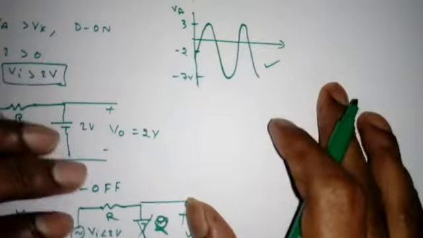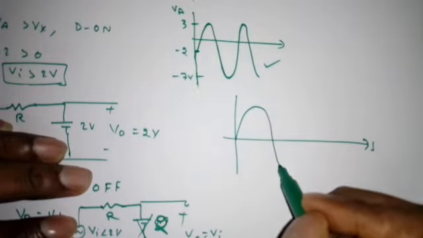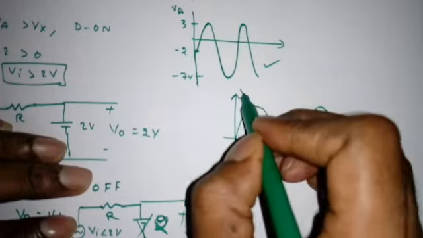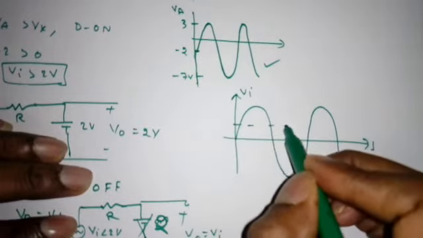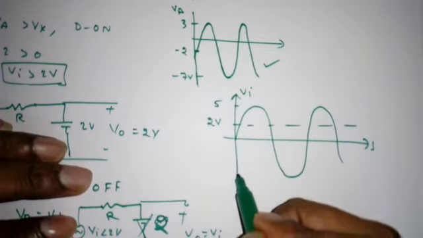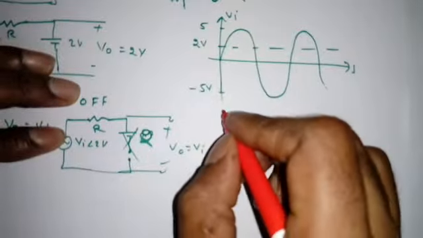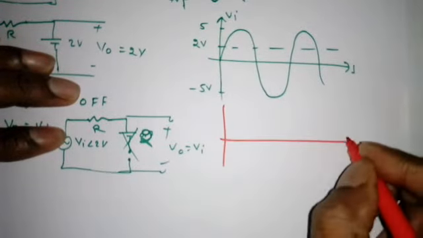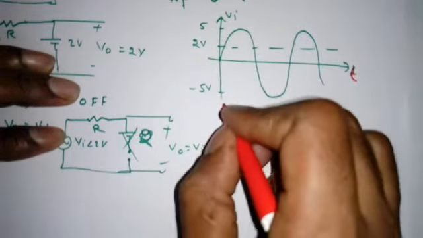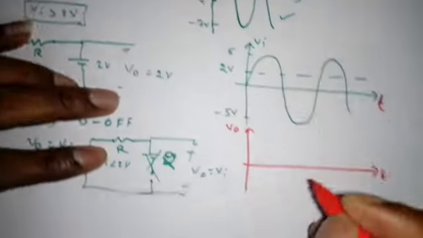Now how to draw the output waveform? I'll take Vi only, right? This is the Vi. Now tell me what is the reference value? 2 volts, maximum 5, minimum minus 5. Now what is the output waveform? First condition, when Vi is greater than 2 volts, what is V0? 2 volts.